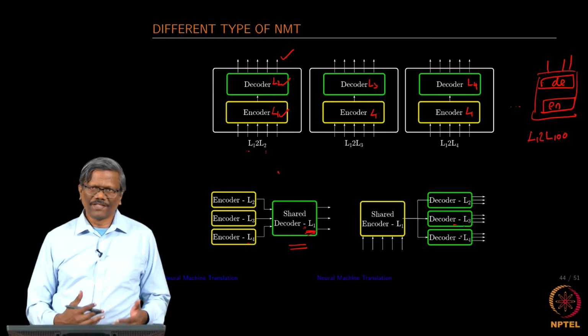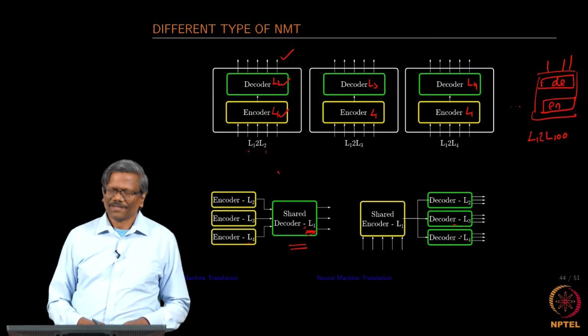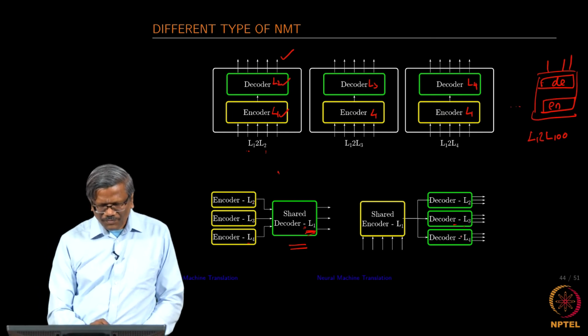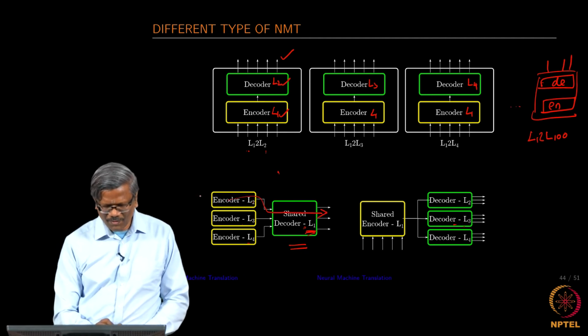So how do we train this process? The one assumption is you can start feeding this, okay, and then this could be your one batch.